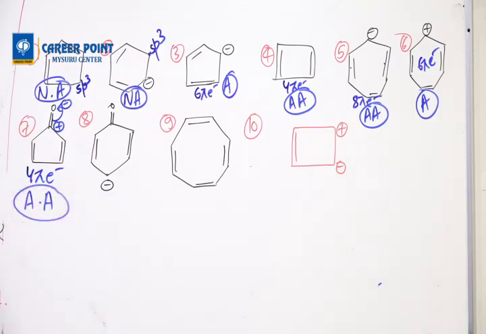Seventh is anti-aromatic. 7 is anti-aromatic because 2 plus 4... total 4, there is a positive charge. That also does resonance.